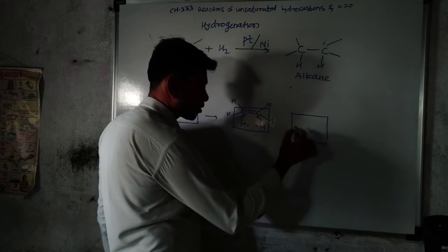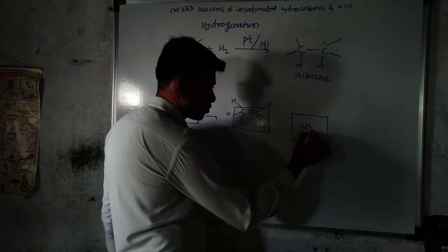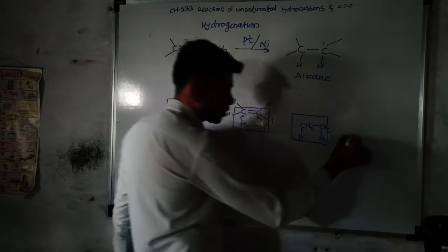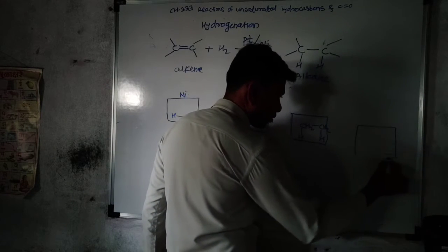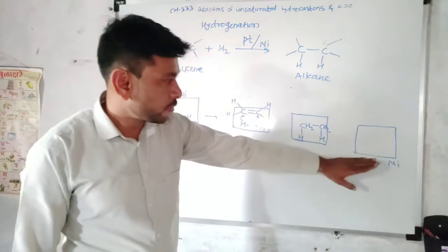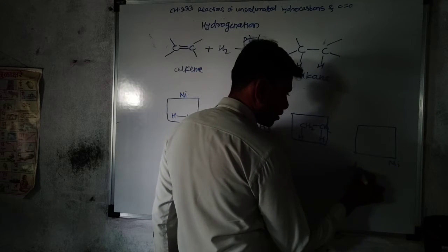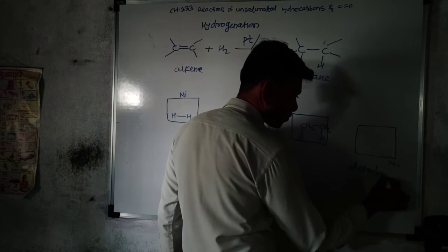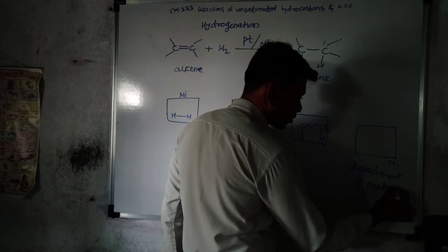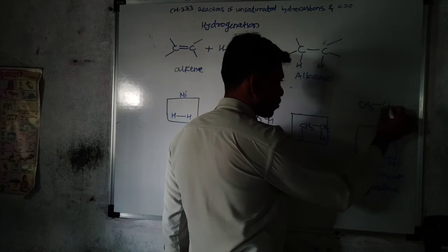We get the formation of product here, with attachment of these two hydrogens. Finally, the surface of the catalyst remains unchanged, and there is detachment of the product from the surface of the catalyst.